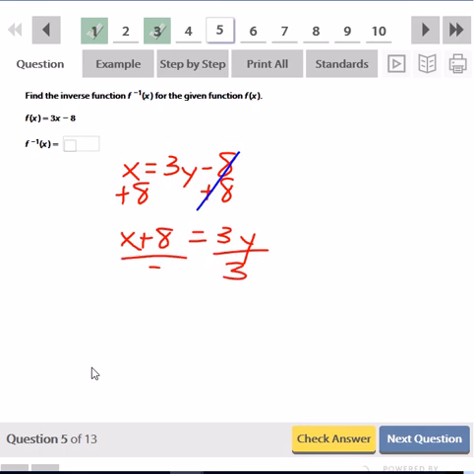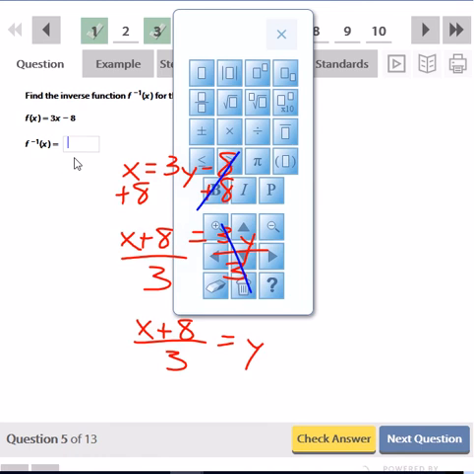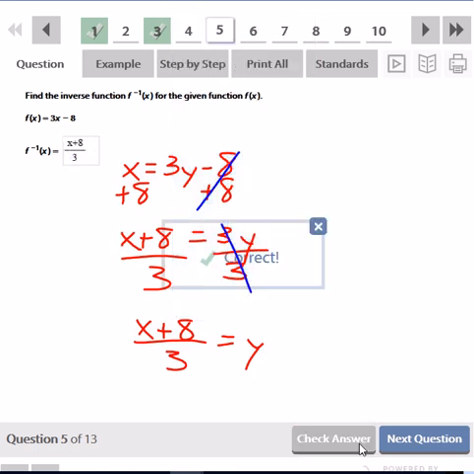Divide both sides by 3. So x plus 8 over 3 equals y. They've already written this for us in function notation, so I don't have to write a y equals. I would just write fraction bar x plus 8 over 3. And that's correct.